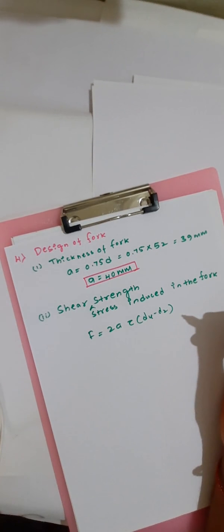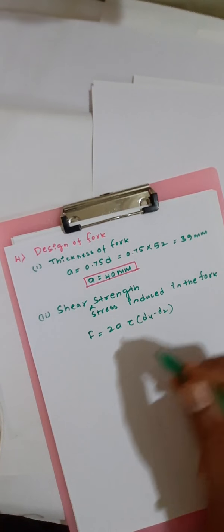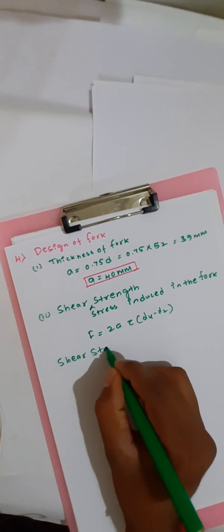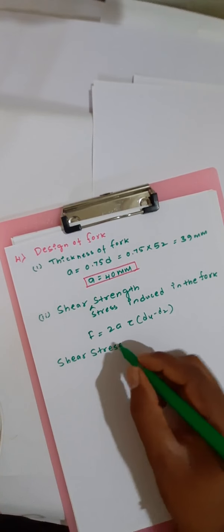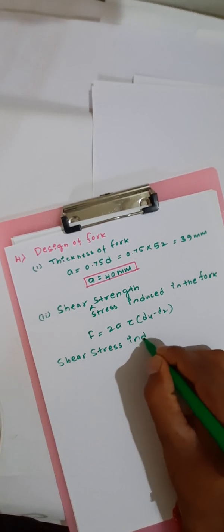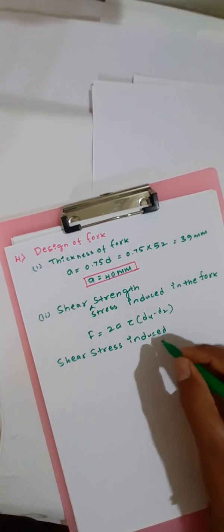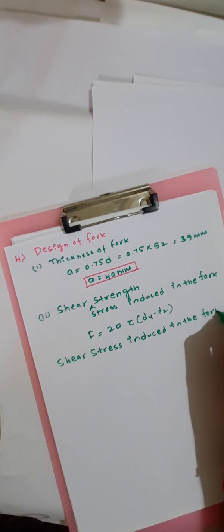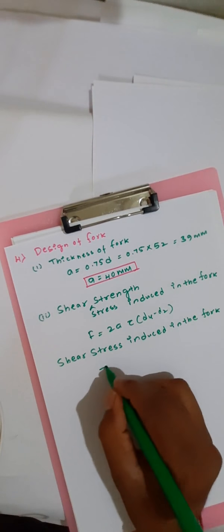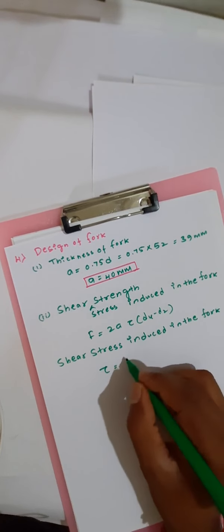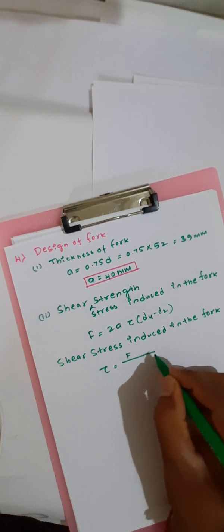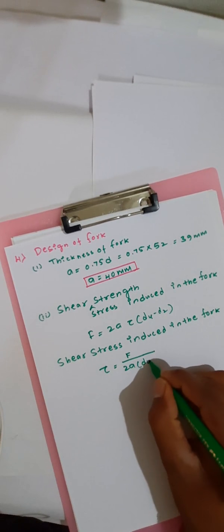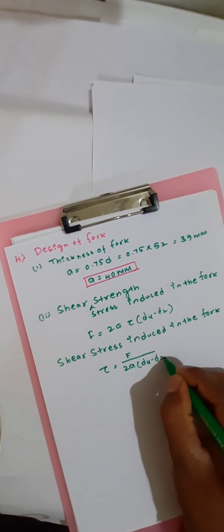We can also write the shear stress induced in the fork as tau is equal to F divided by 2a (d4 minus d2).